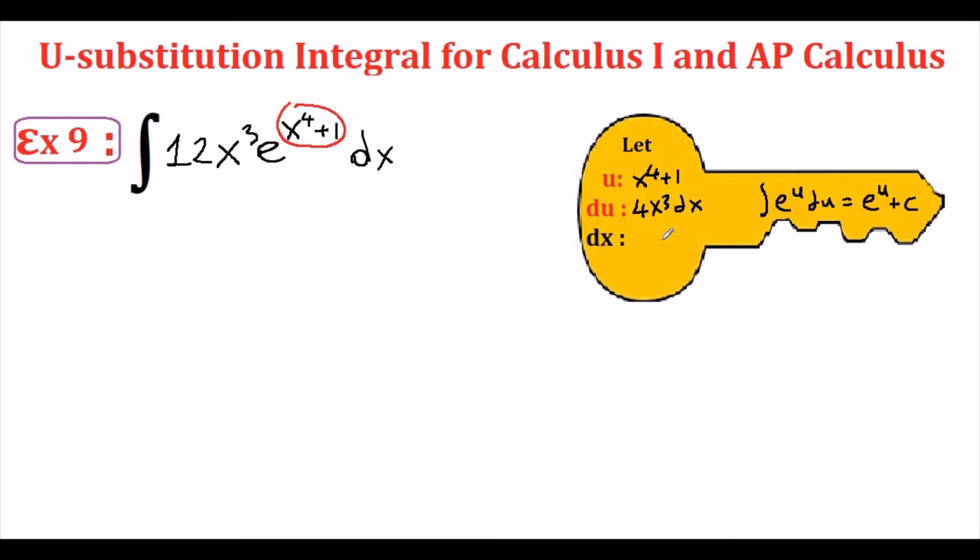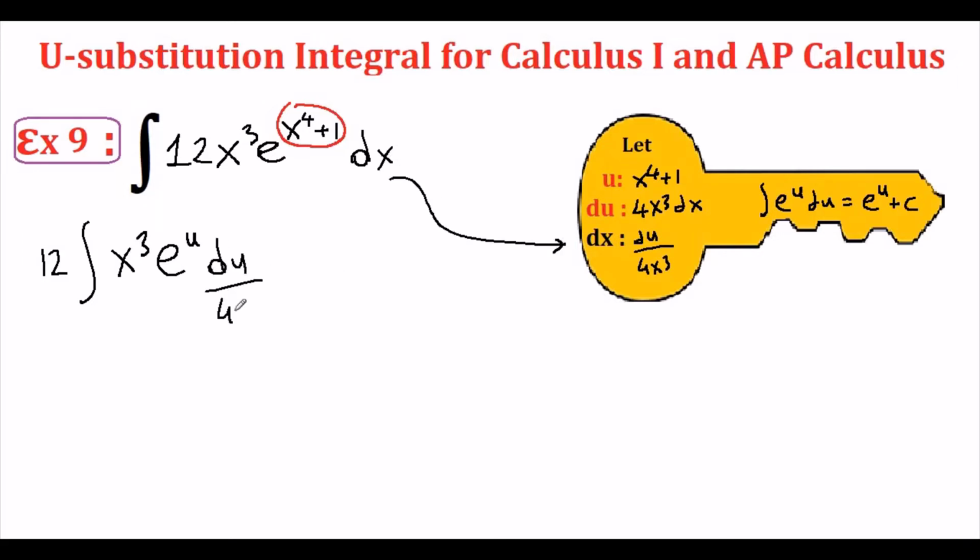If you solve for dx here, dx will be du over 4x to the third. Let's rewrite everything in terms of u. We can pull this 12 in front of the integral sign. We have x to the third, e to the u instead of e to the x to the fourth plus 1, and instead of dx, we have du over 4x to the third.